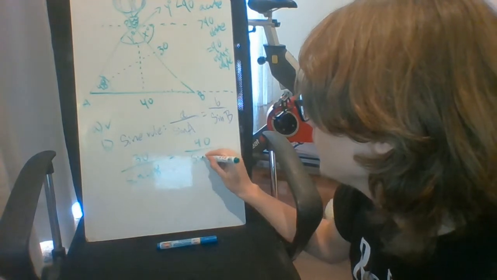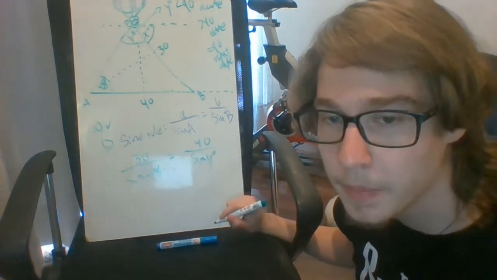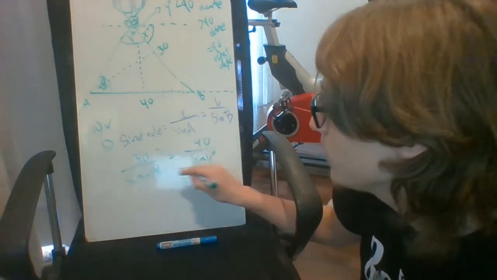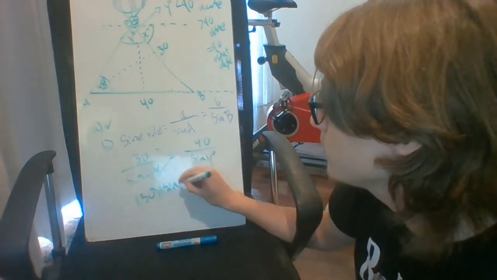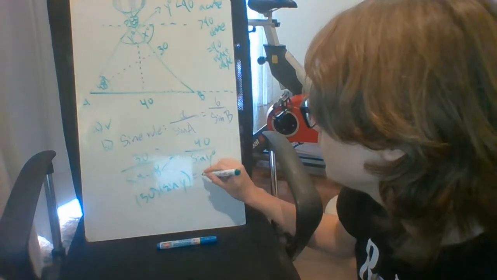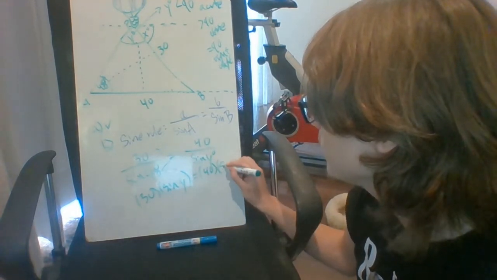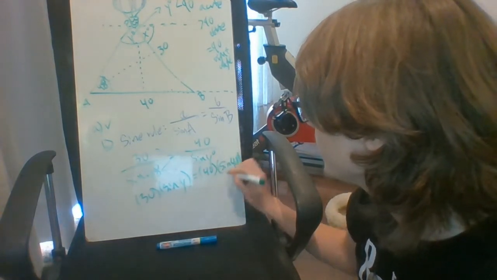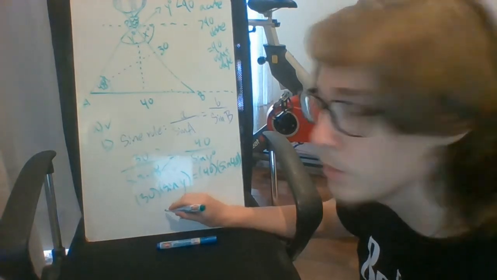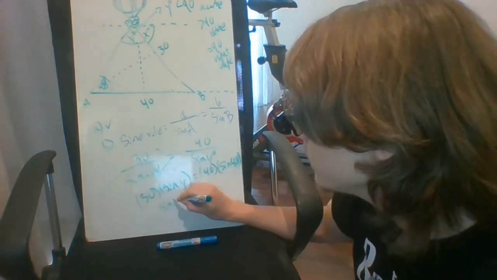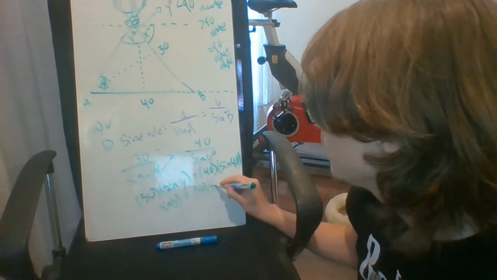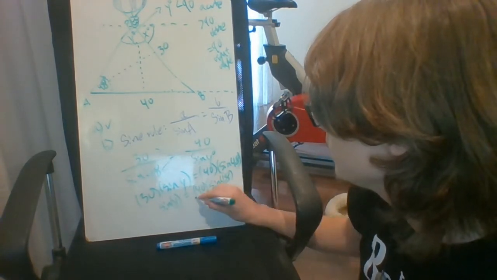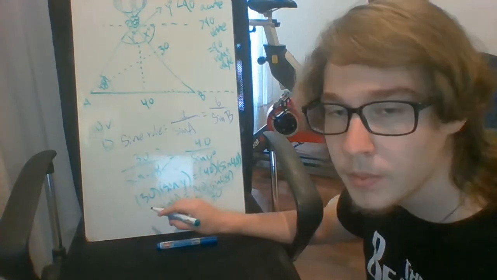It's going to be equal to sine of y degrees, okay? And here we have to cross multiply, so we have 30 times sine of y is equal to 40 times sine 48, okay? We want to leave y alone, so we have sine y is equal to 40 times sine 48 divided by 30, right?